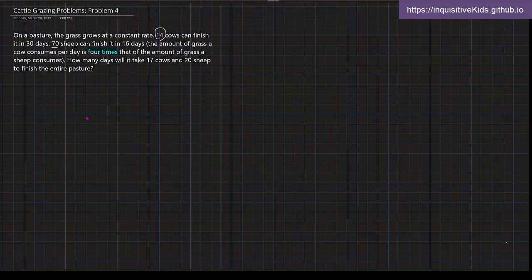So now our equation will look like 14 times 4, remember this is 4 times 30, because that's the number of days. And that equals 1,680 units of grass. And for sheep, we have 70 times 16, which equals 1,120 units of grass.